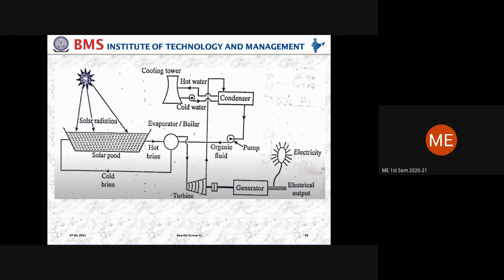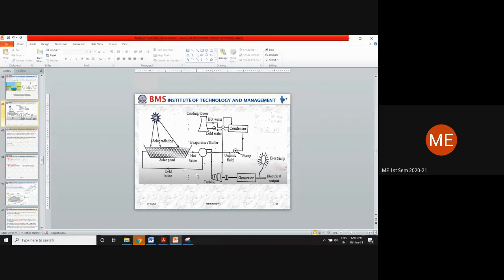Once the turbine is rotated, the organic fluid is taken back and cooled in the condenser, then taken back to the boiler. That cold organic fluid is supplied again, it gets heated up here, and again it is supplied. This is one cycle for the organic fluid, and this loop is for the salt water. Is it clear? So there is no direct contact of the salt water with the turbine.